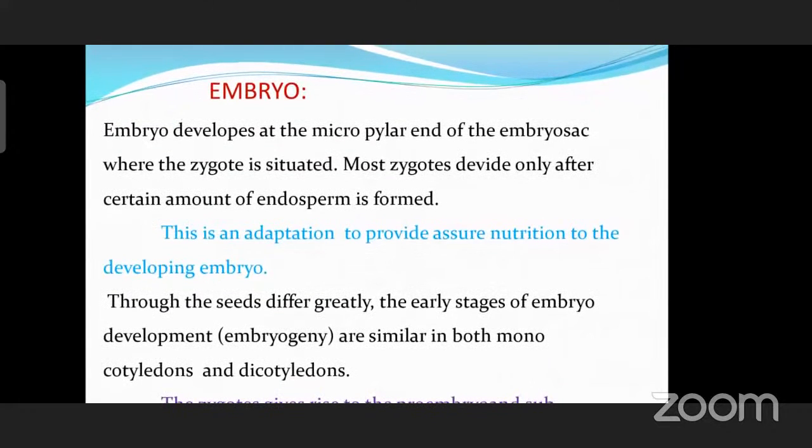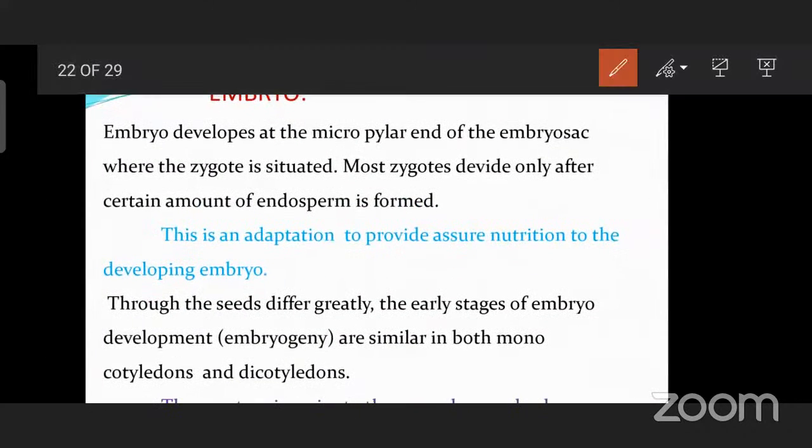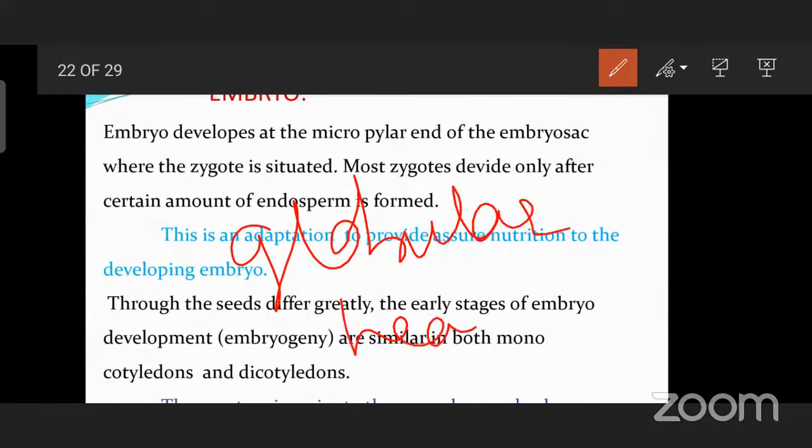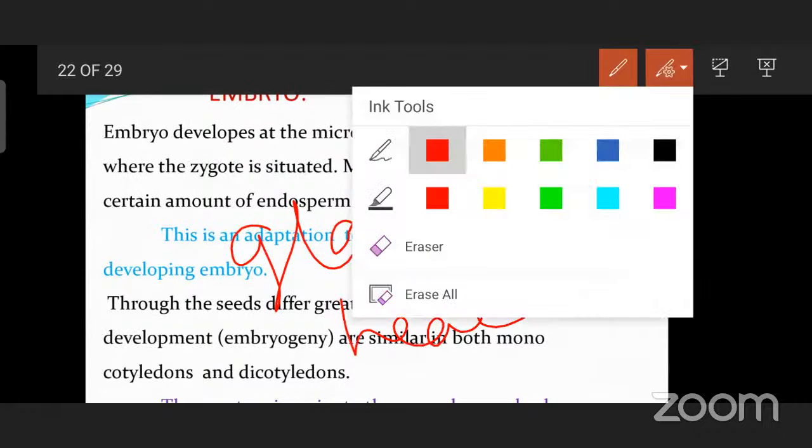So the embryo subsequently passes through globular and heart-shaped stages to a completely mature embryo.